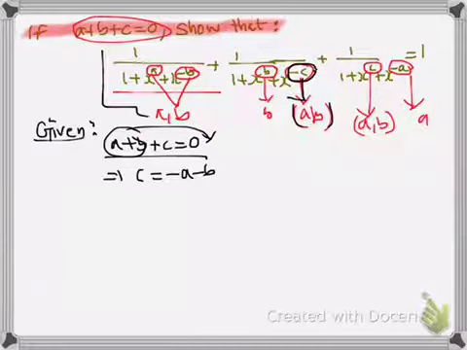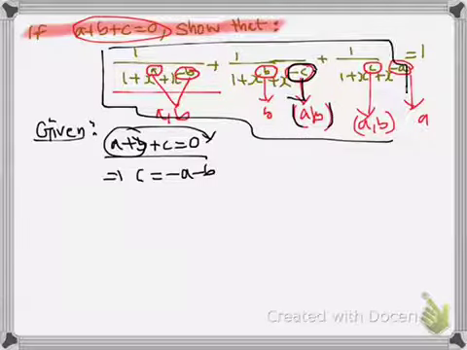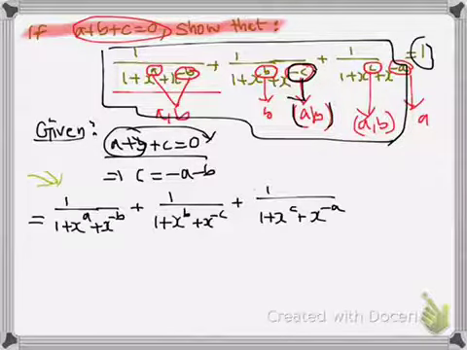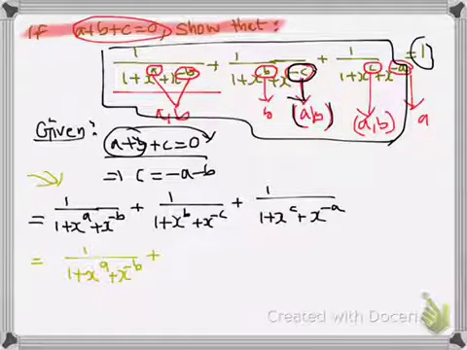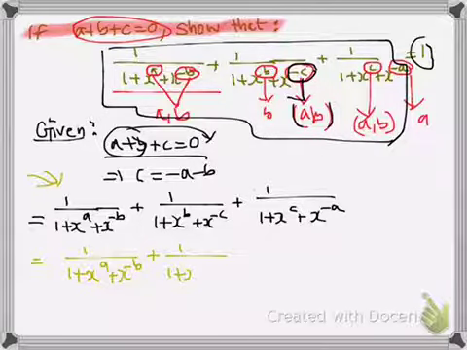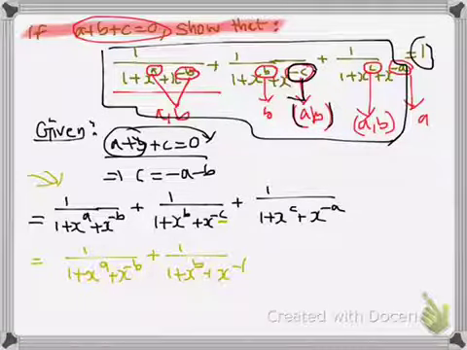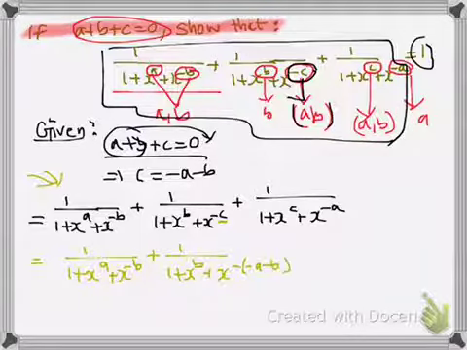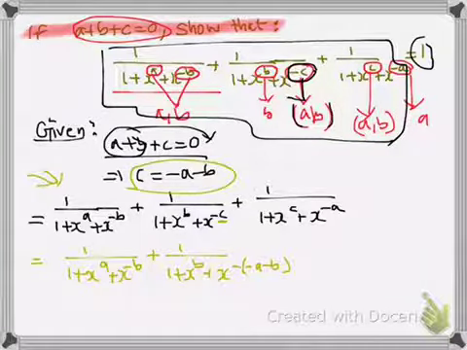Now let us take the left hand side of the question and solve it to get the value 1. So this is our question, and I'll write the first expression as it is. For the second expression I'll write the power of the first x as it is, but for this second x, instead of negative c, I'll write a negative sign as it is, and for c I'll write negative a, negative b, since we know that c is equal to negative a, negative b.